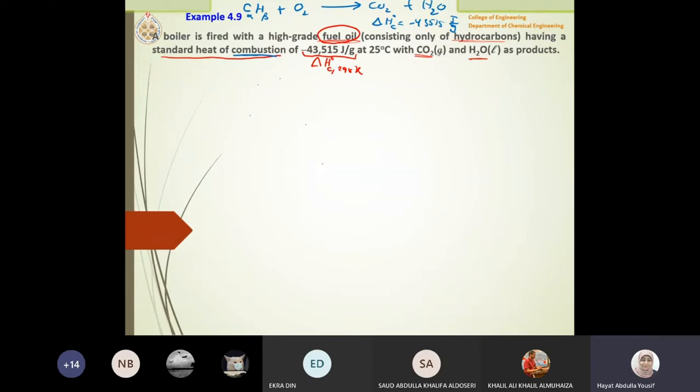This is one of the real examples in industry. When they bring the fuel oil, don't expect it to be as simple as methane or ethane or an alkane or alkene. It can be a complicated mixture. It can be any fuel oil whose molecular structure you don't know. But when they burn it, they find this is the amount of heat that they get.